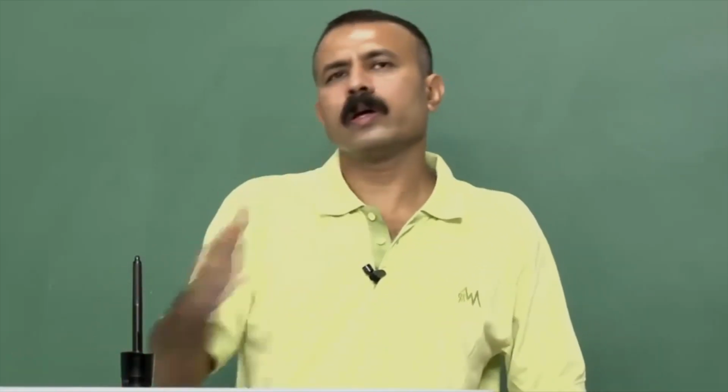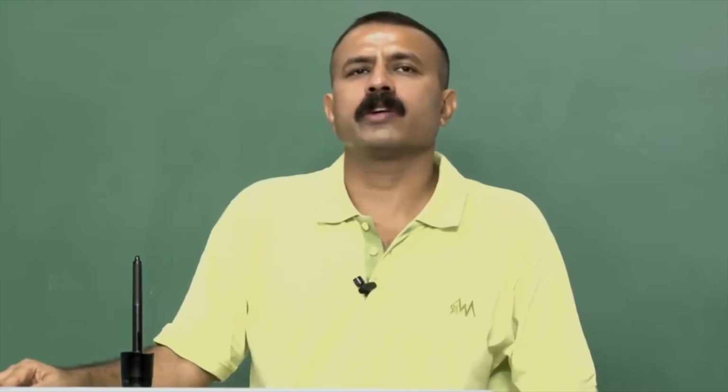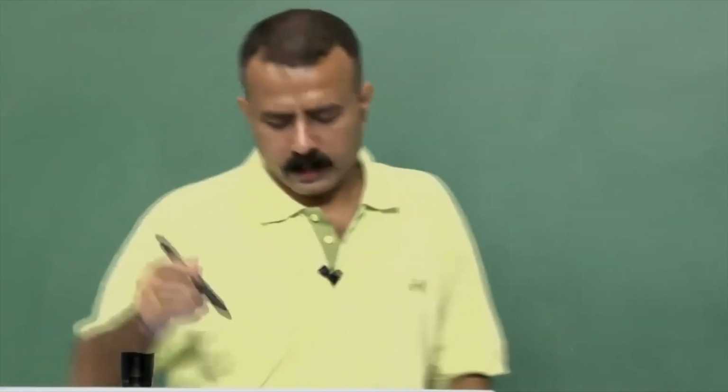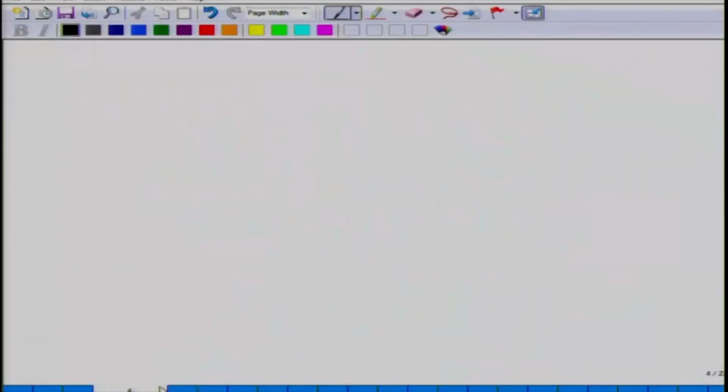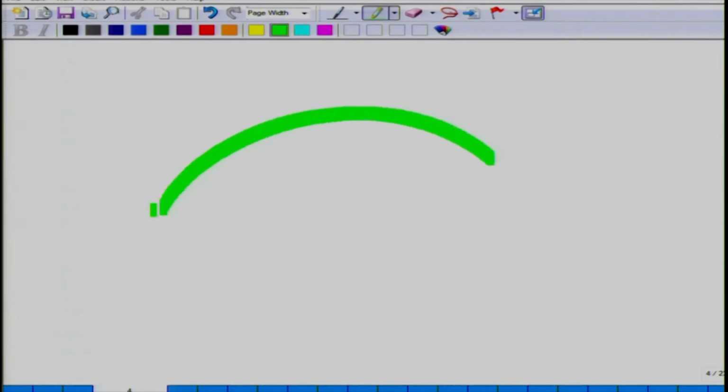So, to tell you here, a membrane is asymmetric in nature. What we mean by asymmetry is something like this. If I draw the membrane like this, say for example, this is the membrane.